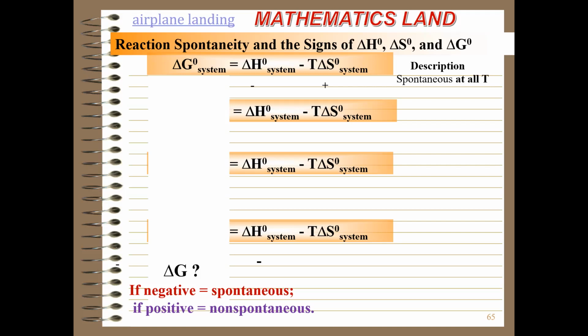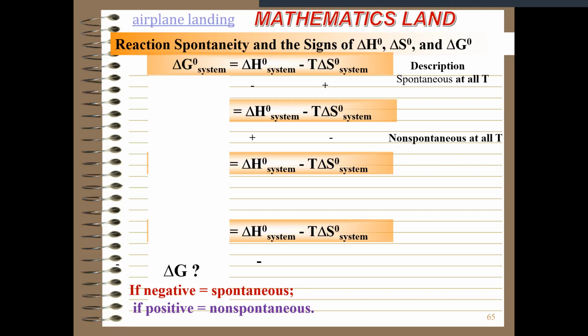And then I went through the next case. What if delta H is positive and delta S is negative? It doesn't matter what the values are and what the temperature is, because when you take a positive number minus a negative, that's a positive. So the sum is always going to be positive. And if delta G is positive, not spontaneous.